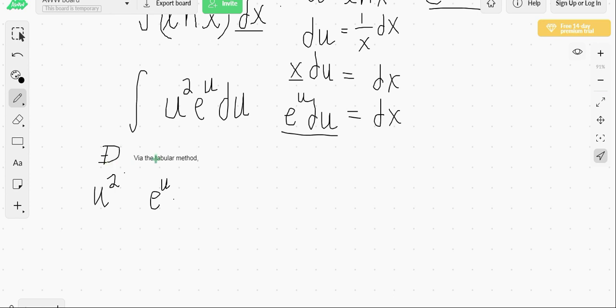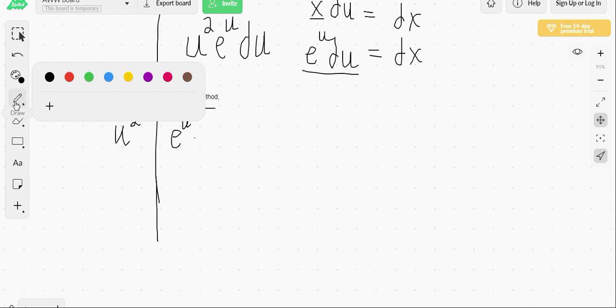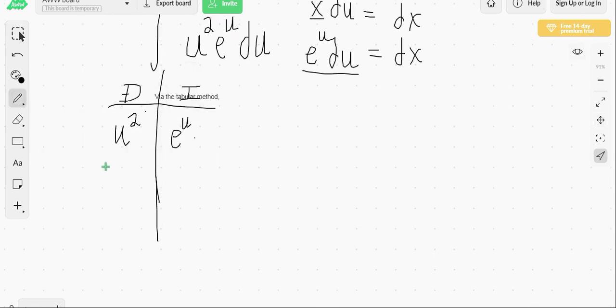So we have D and I, we're differentiating down to 0 in this column, and then we're integrating repeatedly in the right hand column. I'll pan down just a bit. So we differentiate, we get 2u, we get 2, and we get 0. And then if we just keep integrating e to the u, the integral of e to the u is just e to the u.